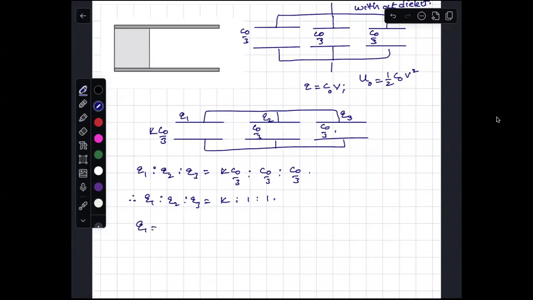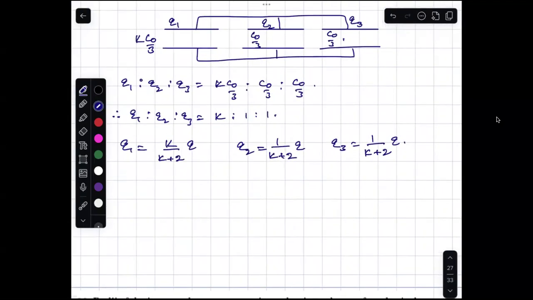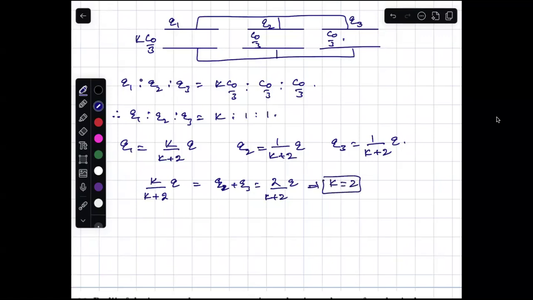Obviously Q1 will be equal to K by K plus 2 times Q, Q2 is equal to 1 by K plus 2 times Q, and Q3 is equal to 1 by K plus 2 times Q. Now, K by K plus 2 times Q is given as Q2 plus Q3, which means 2 by K plus 2 times Q. By cancelling, you will get the dielectric constant. Agreed till this point, boys and girls?